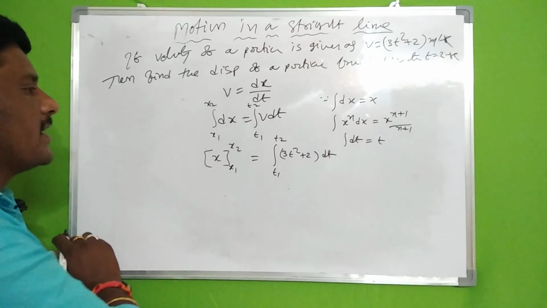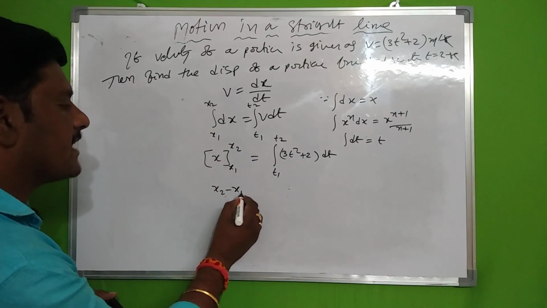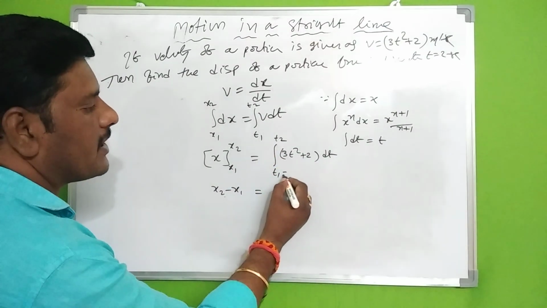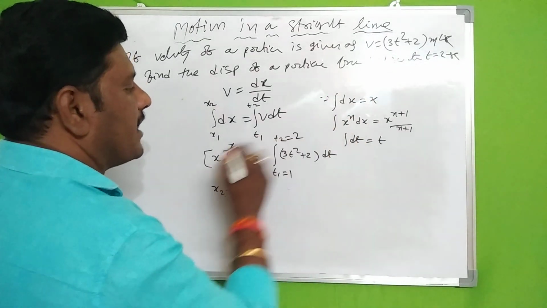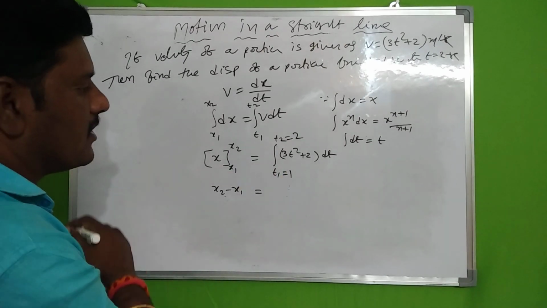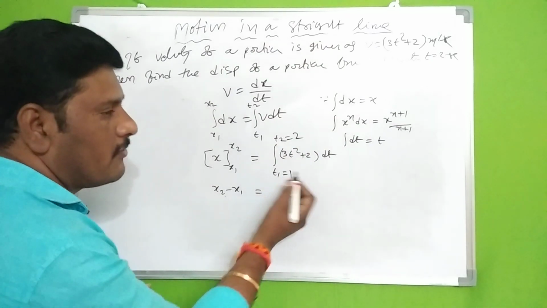So we can write upper limit minus lower limit, x2 minus x1, equal to the upper limit time taken, lower value t1 equal to 1 second, t2 equal to 2 seconds. So 3 is nothing but a constant, we can write it outside. Why? Because we cannot apply the integration for a constant.